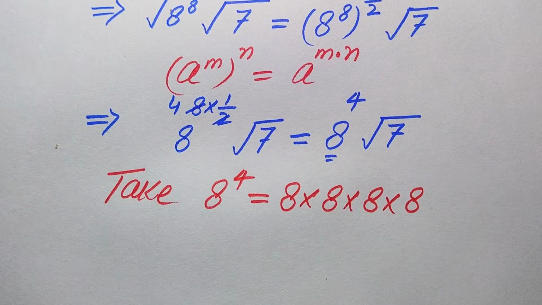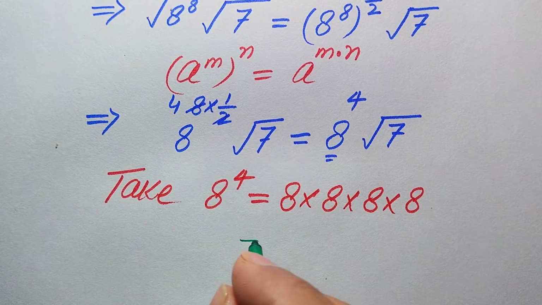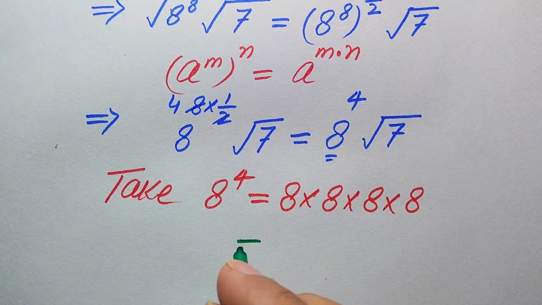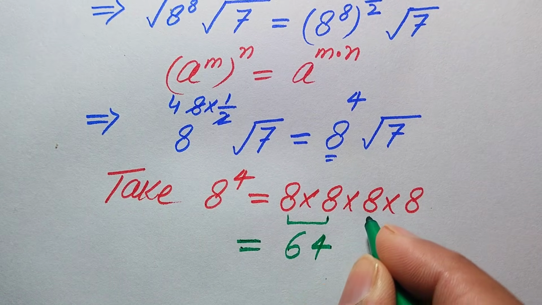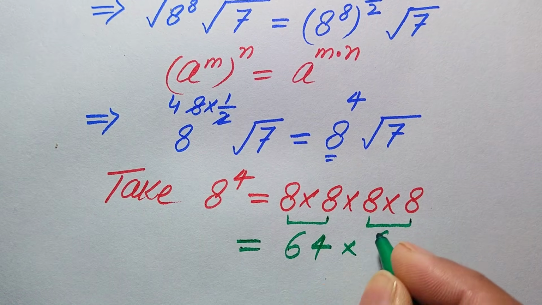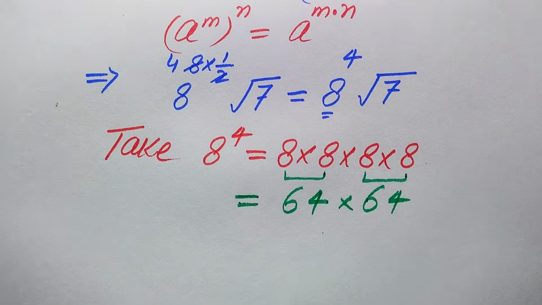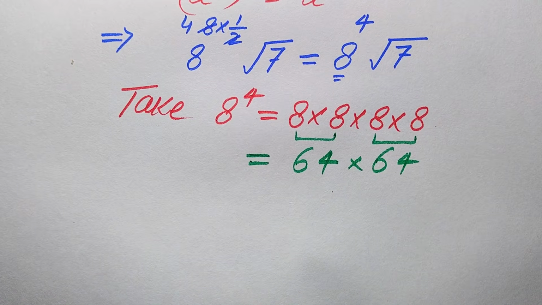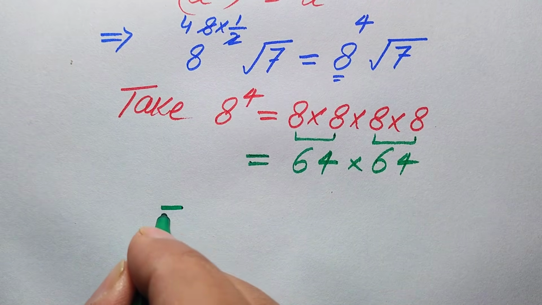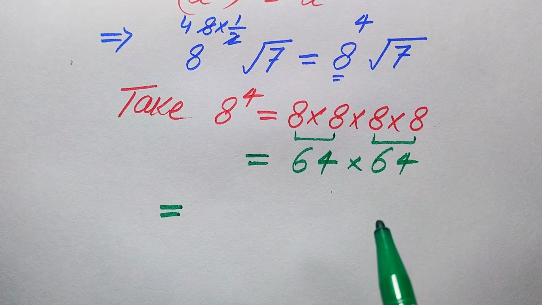Now in the next step, when we multiply 8 with 8, 8 times 8 becomes 64, and this 8 times 8 also becomes 64. So we need to multiply these two bigger numbers without using the calculator. Here I can give you a nice trick with which you can easily multiply any bigger numbers without using the calculator or any long calculations.